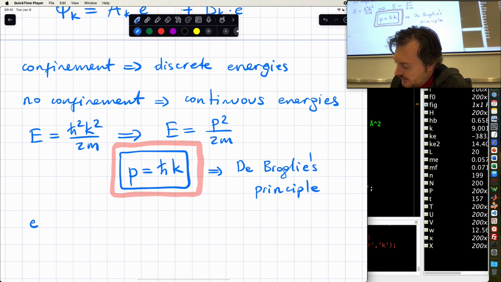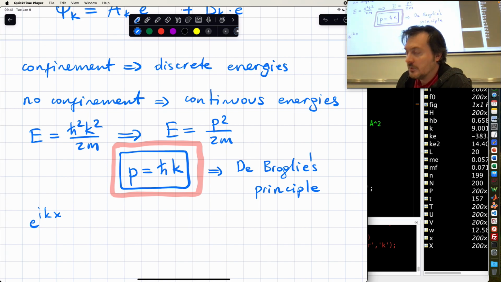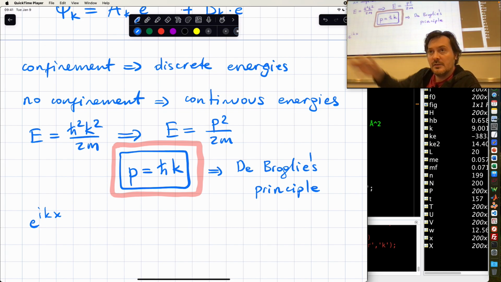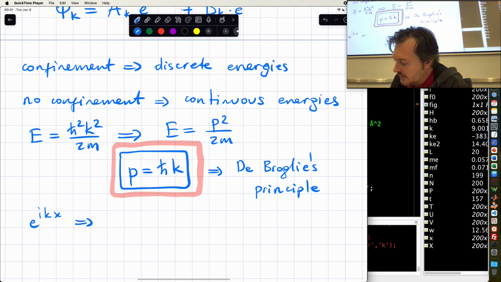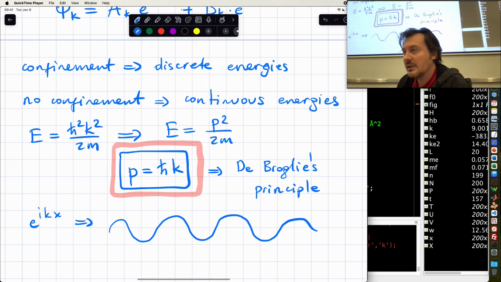Because look, e to the ikx, which is the wave function of this. For de Broglie, we didn't know what he meant by wave nature. Now we have just a little bit more knowledge about the wavy nature of this. But nevertheless, e to the ikx basically corresponds to a wave, right?